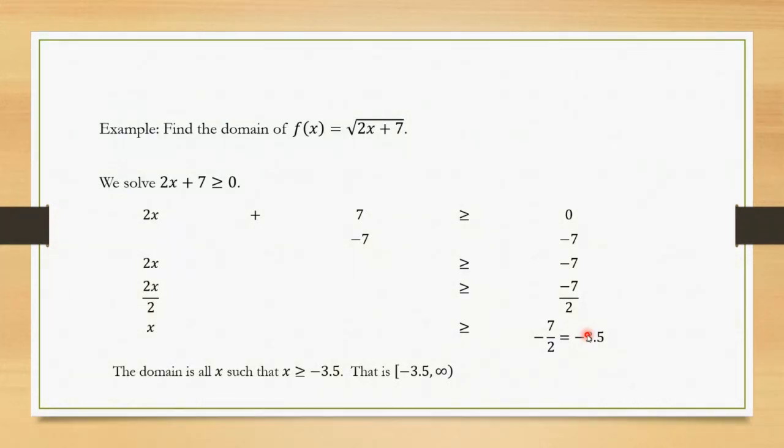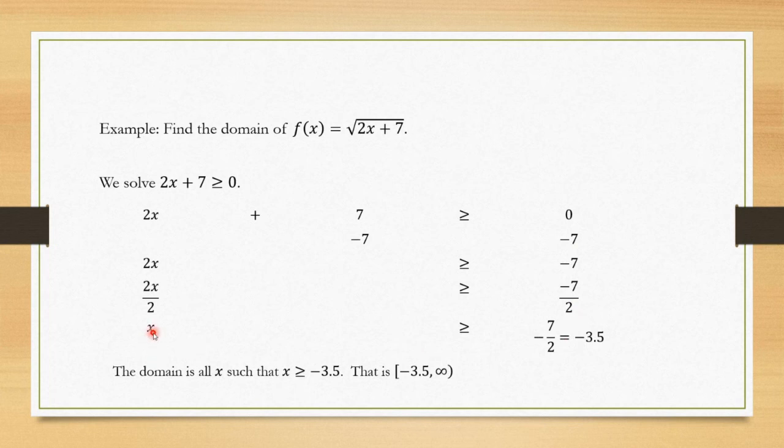Notice that when we divided by 2, we did not flip the inequality. You only turn the inequality around when you multiply or divide by a negative number. And here, we divided by a positive.